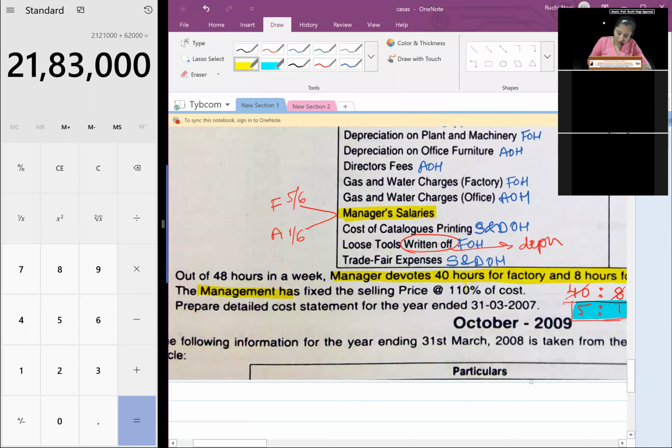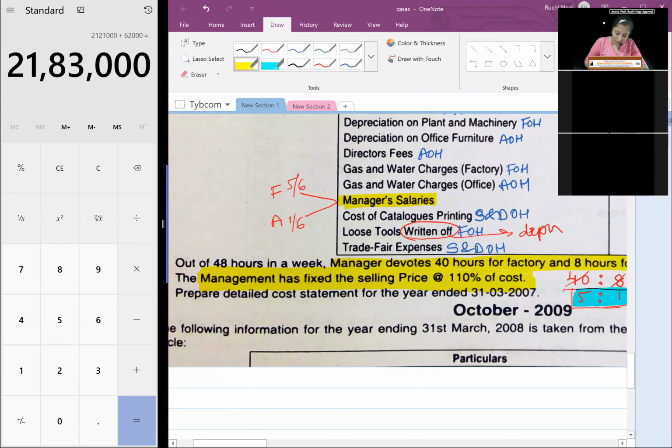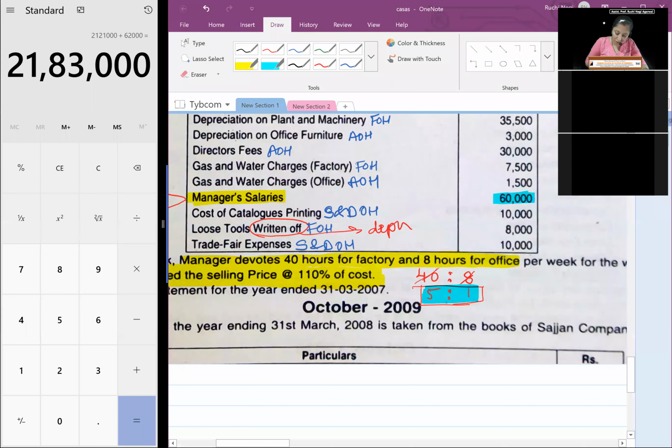Management has fixed selling price at 110% on cost. This information will give you profit as well as selling price. Okay, 110% on cost.